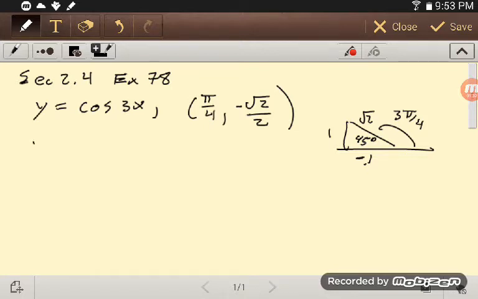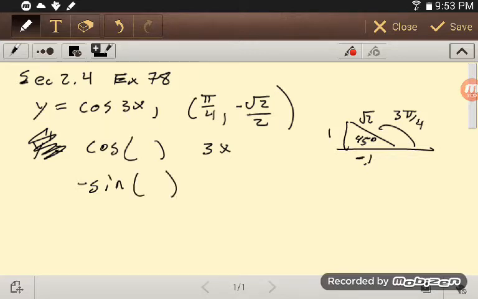Now, if I want y prime, let's write down what we have here first. We have cosine of something, and that something happens to be 3x. The derivative of the cosine is minus sine of that something we put in there, and the derivative of 3x is 3.